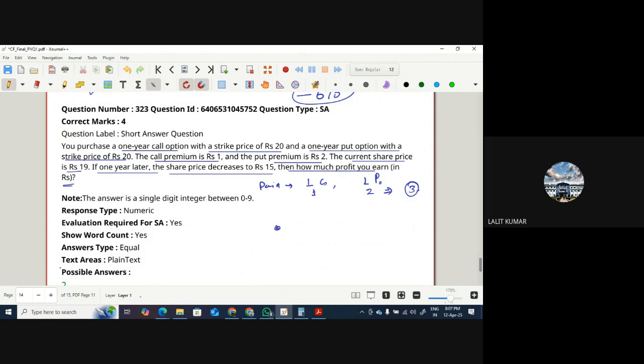The strike price is 20 and share price decreases to 15. So from call I will get 0 and from put I will get 5. So my net will be 5 minus 3 is equal to 2. This is positive, therefore this is the profit of rupees 2.